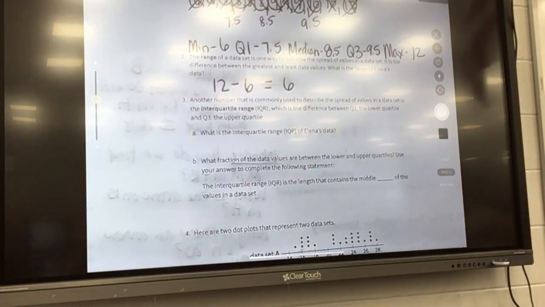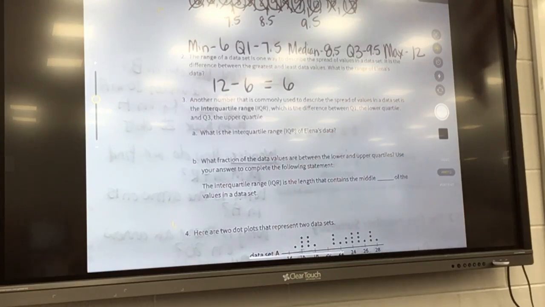All right. 3 says another number that is commonly used to describe the spread of values in a data set is the interquartile range, which is the difference between Q1 and Q3. So what is our interquartile range? What two numbers are we using to find it? If you're not sure, do you have notes in your notebook that could help you?